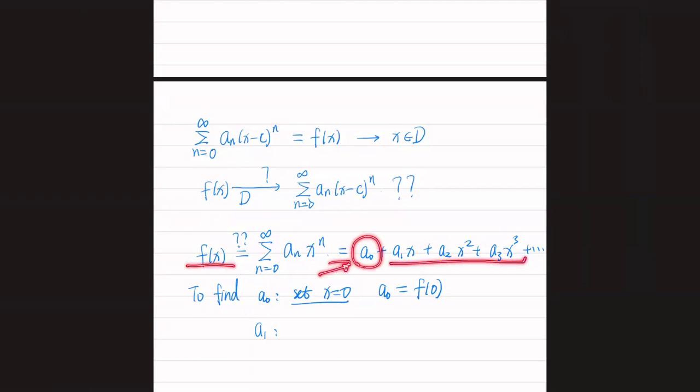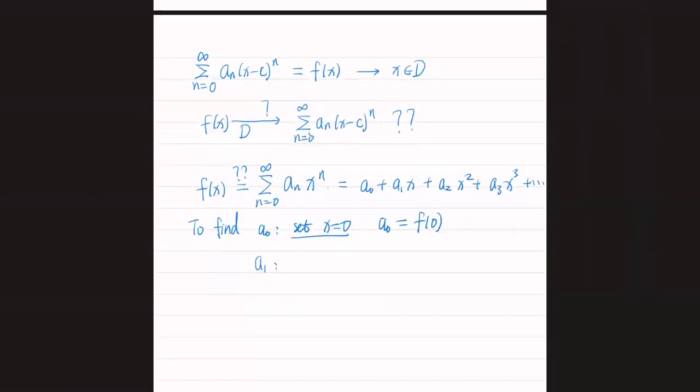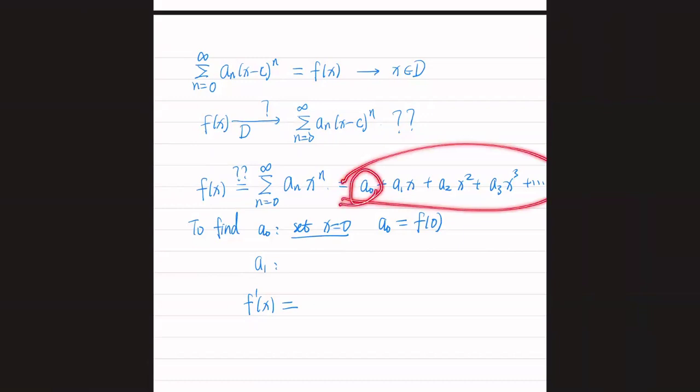If I take a derivative, f prime will be this derivative. Let's work. What's the derivative of A0? 0. And if we take a derivative of this term, what do we get?